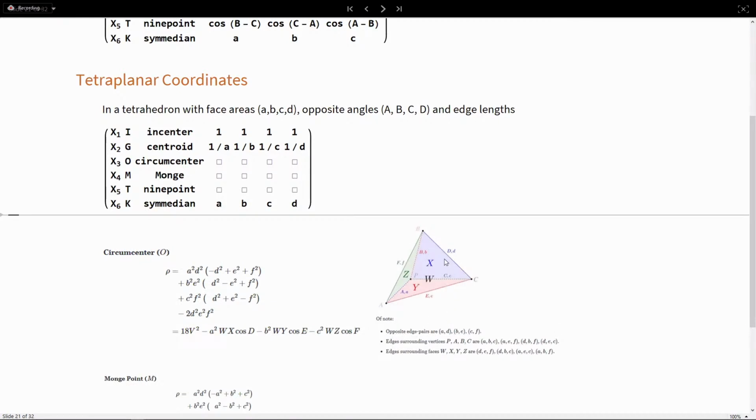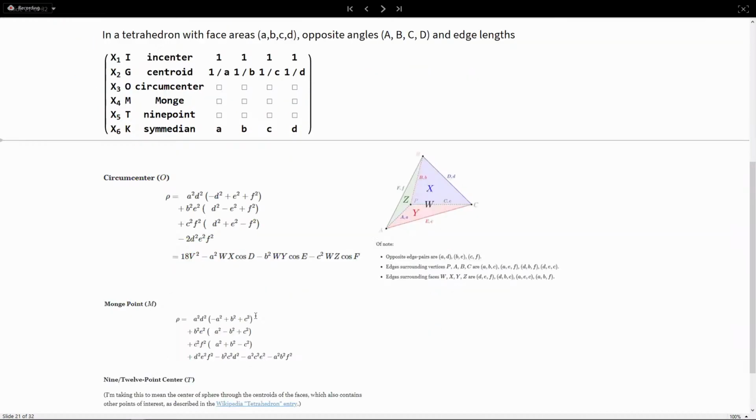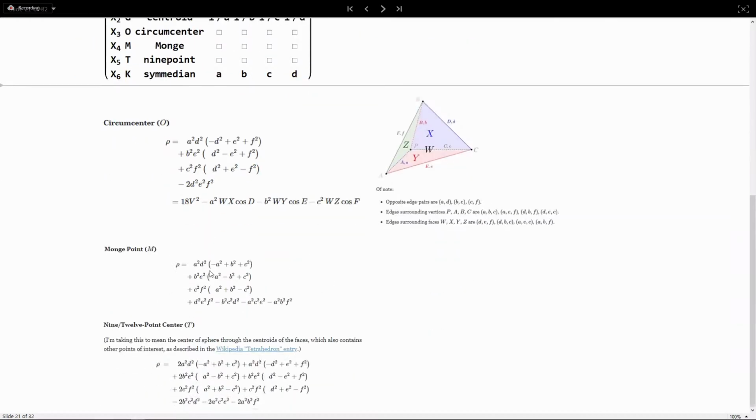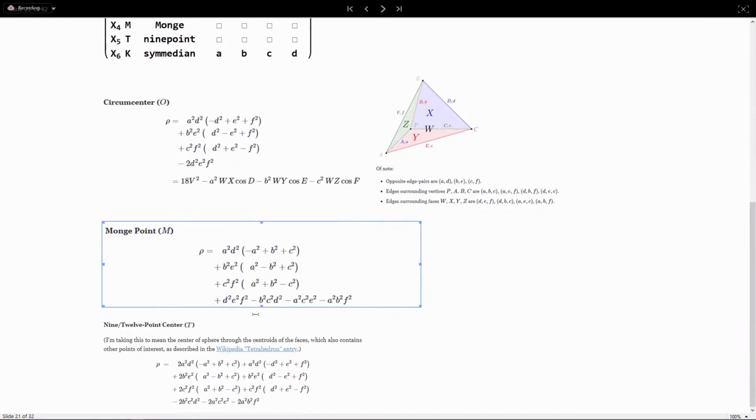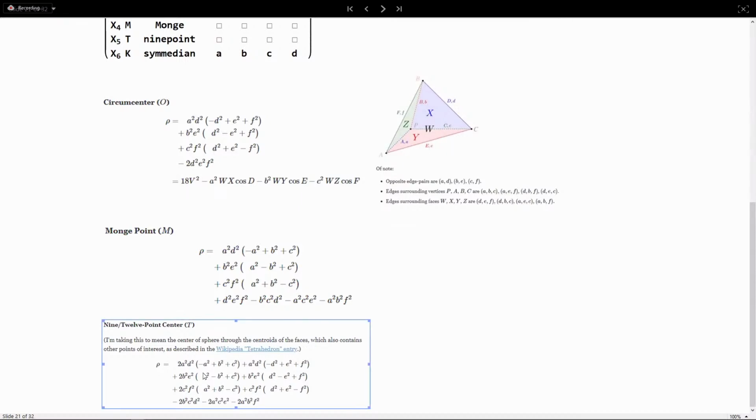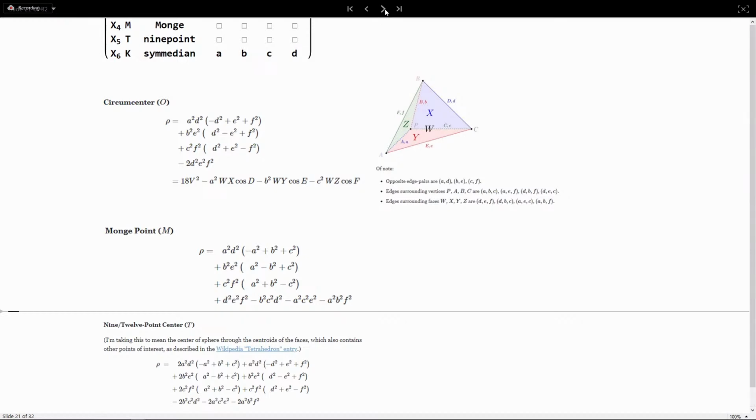But I plan to write this up in a community post after this talk. So here's the somewhat nasty formula for the circumcenter. It's complicated. The Monge point also has a complicated formula based on the edges, and the 9-point center also has a complicated formula. Whether these formulas can be simplified is unknown, because virtually nothing is known about tetrahedra centers or formulas.